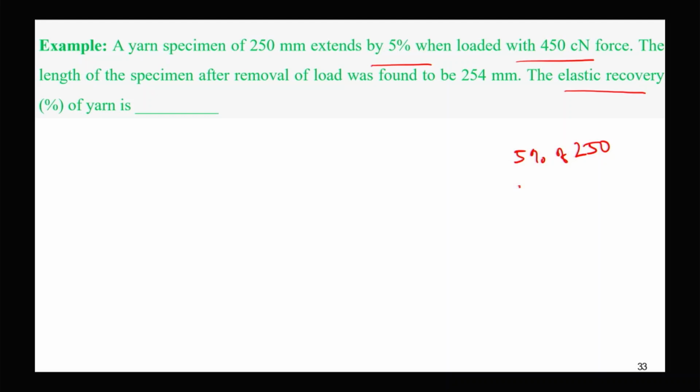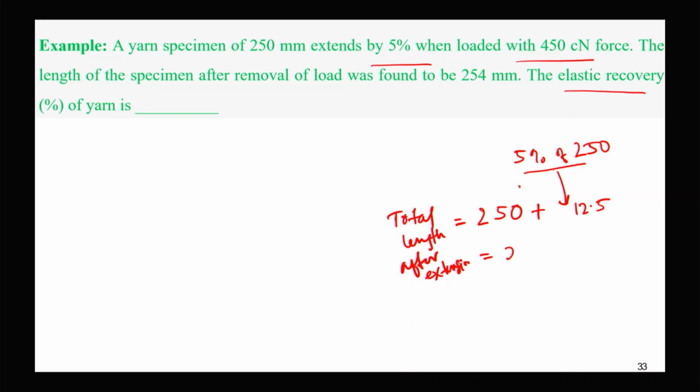So that we will calculate. Initially it's 250 total length, and the extension is 5% of this, which is 12.5.